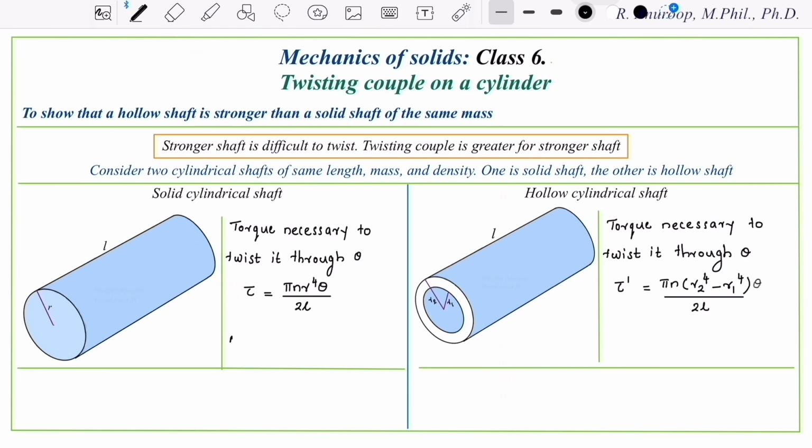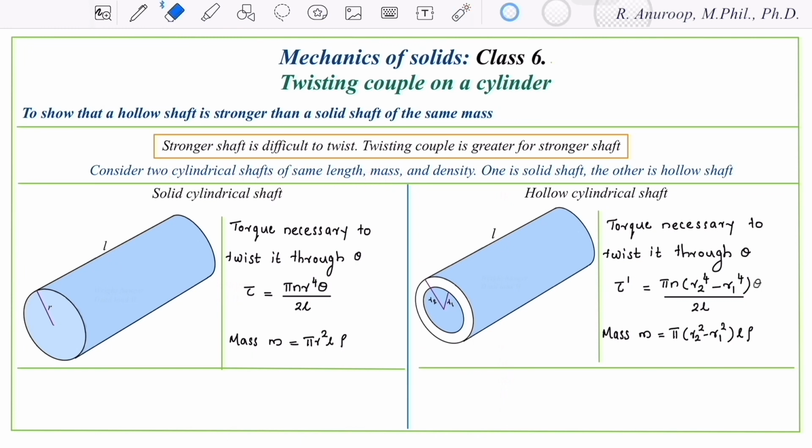Now let us find the mass of the solid cylindrical shaft. Mass is density into volume. Volume is pi r square L. Therefore, the mass of the solid shaft is pi r square L rho. Now, what is the mass of the hollow cylindrical shaft? It is pi times r2 square minus r1 square, into L rho, because pi times r2 square minus r1 square, into L, is the volume of the hollow cylindrical shaft.